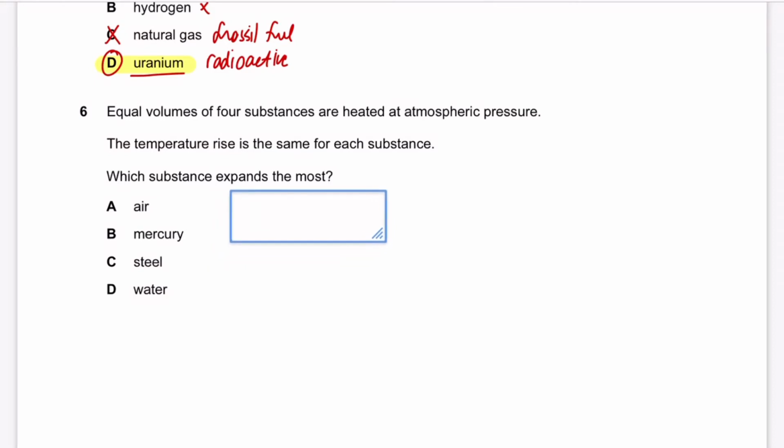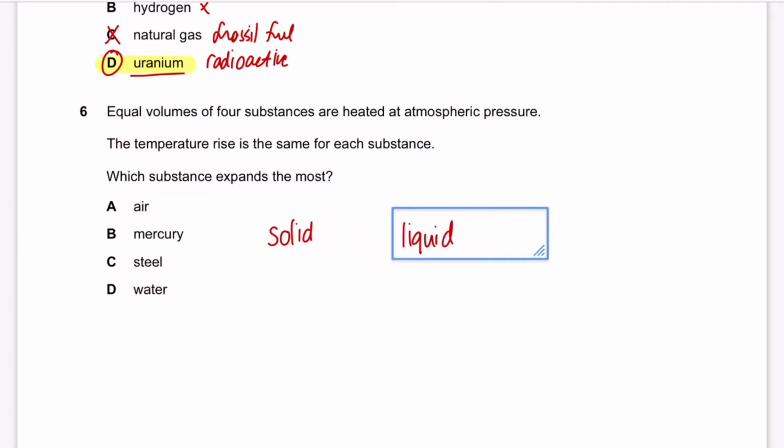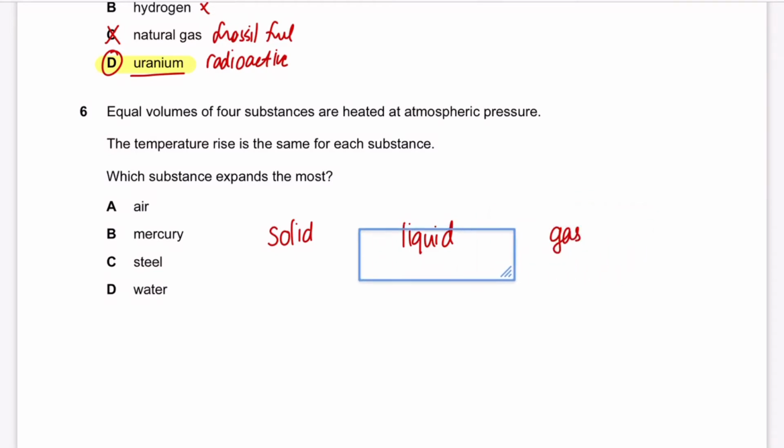There are 3 states here. We know that one of it is solid. Second will be liquid. Third will be gas, or known as air.